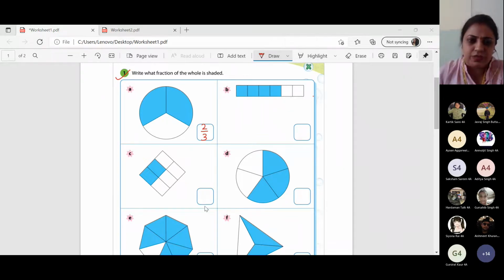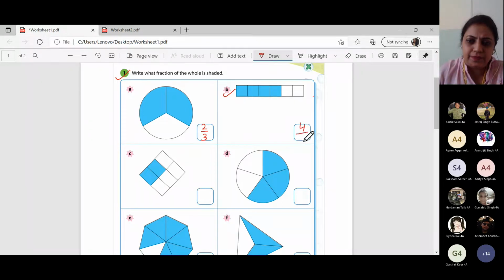Shagunpreet. Ma'am, we have done this worksheet. Yes, Shagunpreet, tell me fraction for B part. 4.